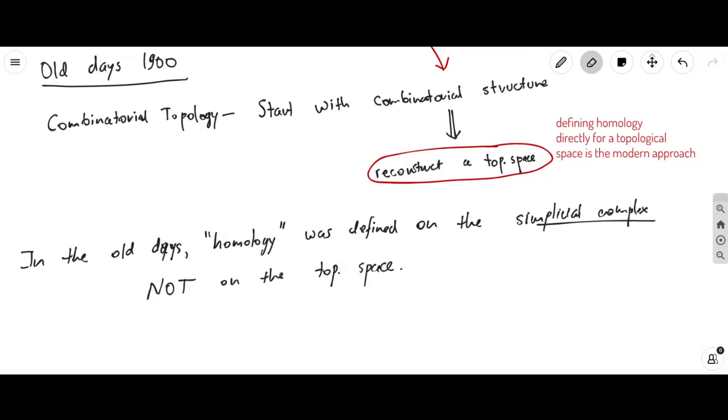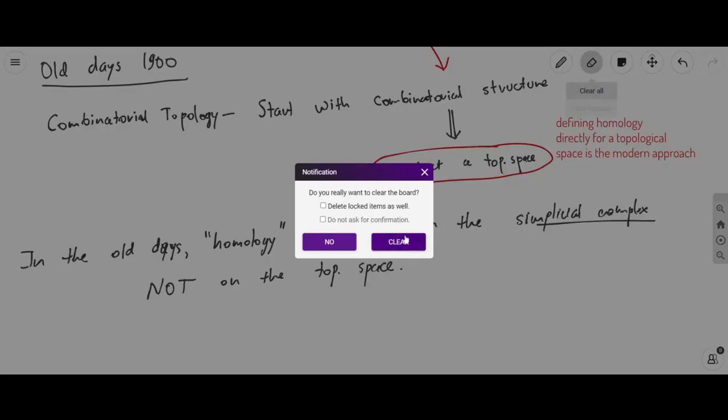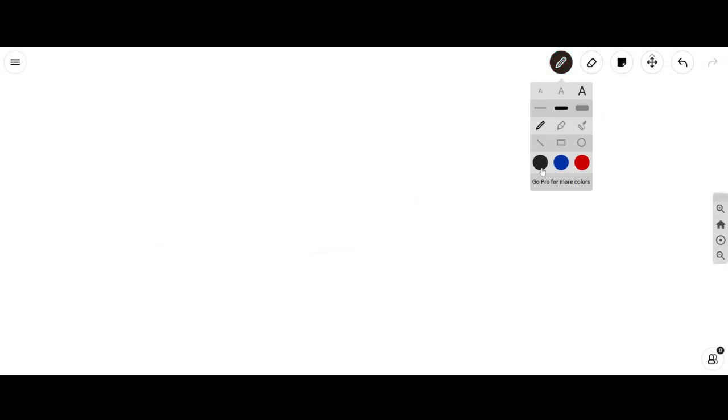So as you can see, working with the topological space directly is a much better way to do it. But we'll discuss how you define the homology by ignoring the topological space and by only looking at this thing called the simplicial complex. So let's give a disclaimer for what we're about to do. Disclaimer.